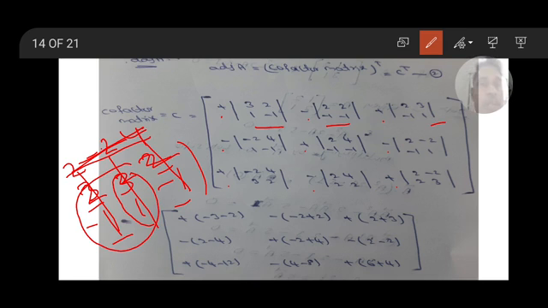Remaining elements also the same. For 2, if you remove this row and column, 2 4 1 -1. And for 3, if you remove this row and column, 2 4 -1 -1. Next, if you remove the second row, third column, 2 -2 -1 1. Like that we get all these minors. So calculate the minor values.